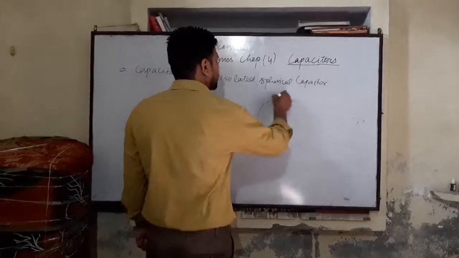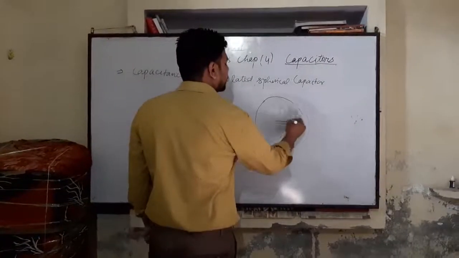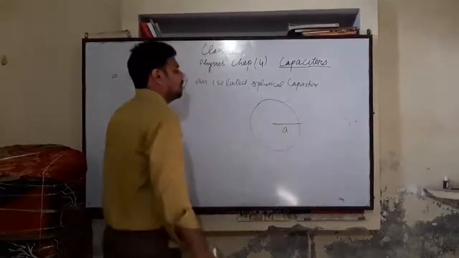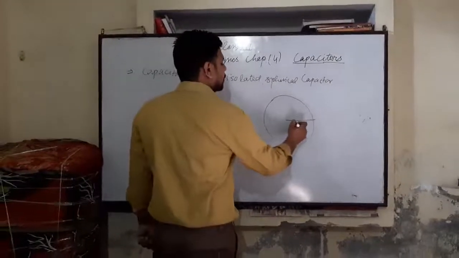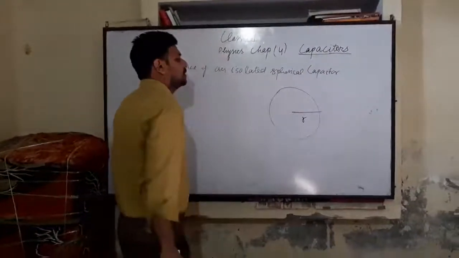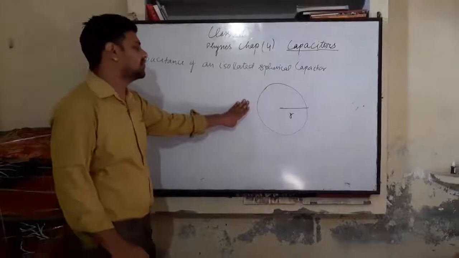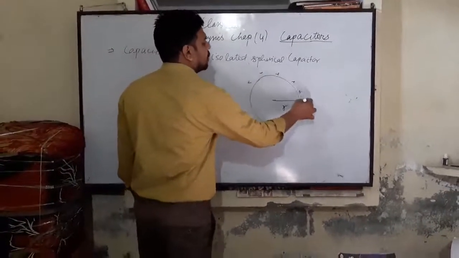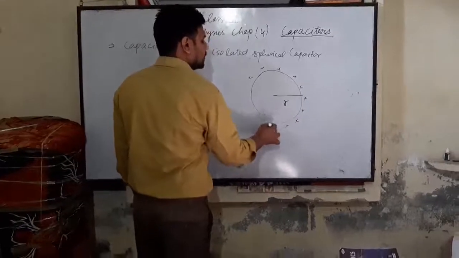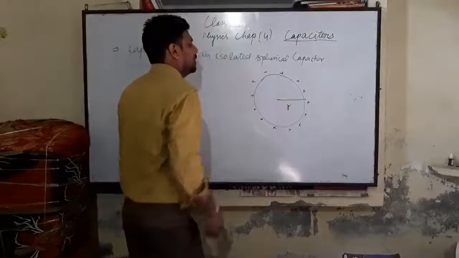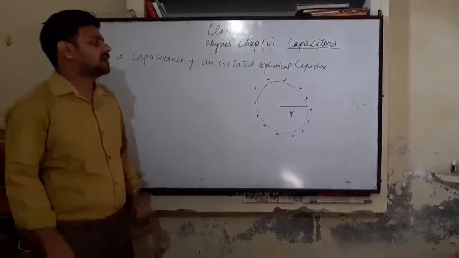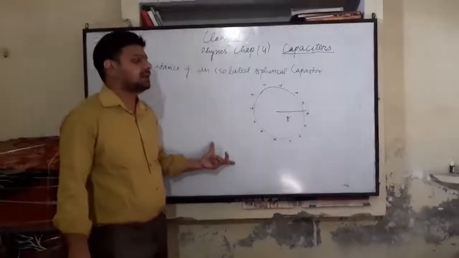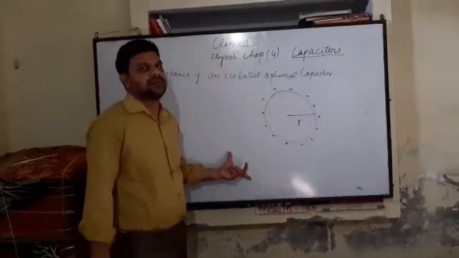Consider we have an isolated sphere of radius r. On giving charge to this conducting sphere, the charge will distribute uniformly over the surface of the sphere. As I have told you, the charge given to a sphere can be considered as a point charge.